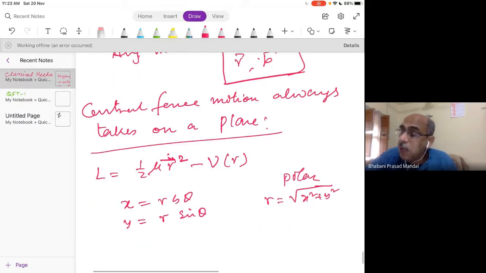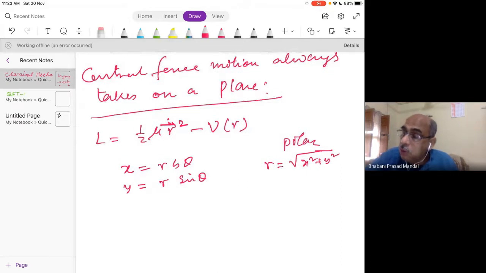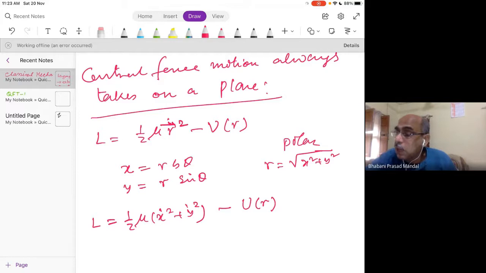Okay, so from here, your Lagrangian is half mu times x dot square plus y dot square, minus U(r), which I am going to write in terms of r and theta. So if you calculate your x dot, it will be r dot cos theta minus r sin theta theta dot.